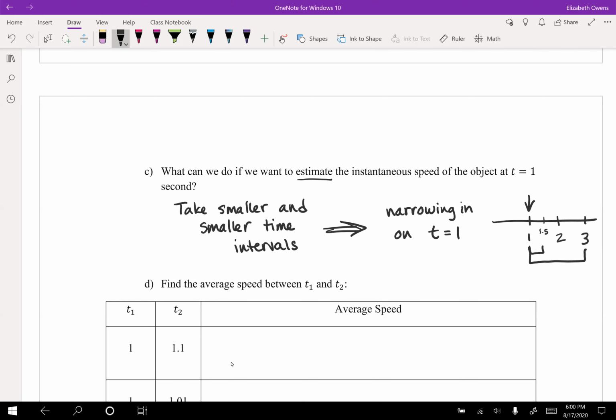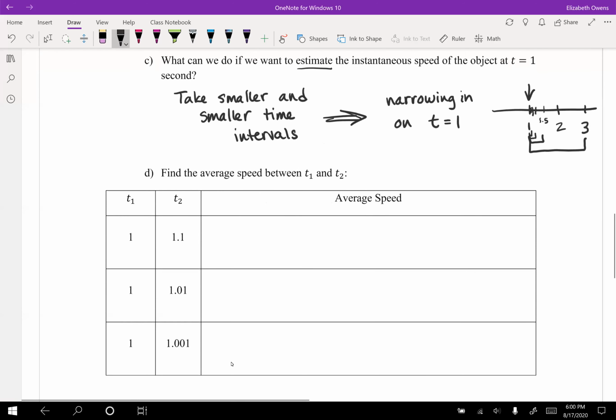So we're getting a smaller interval to see what the speed looks like. You can imagine if we took an even closer interval, even closer, we're getting a very, very short time interval that brings us very close to what is actually happening at t equals 1 second. That's what we're going to do in this next part of the problem.